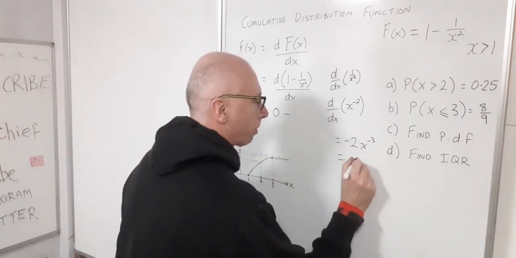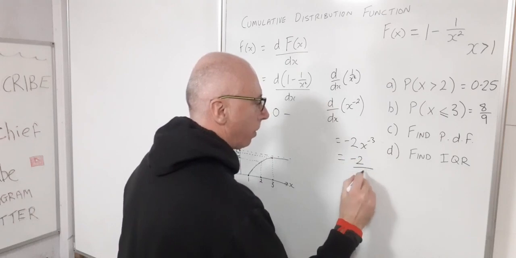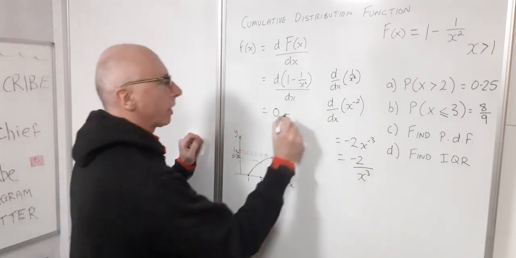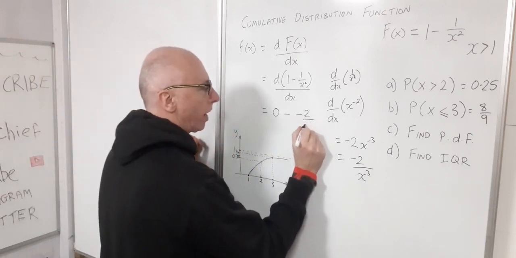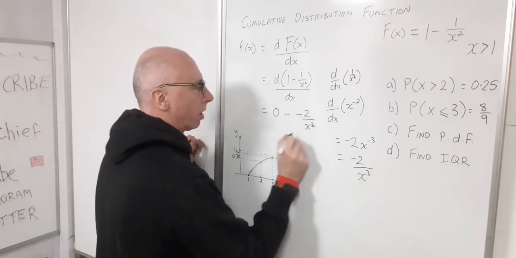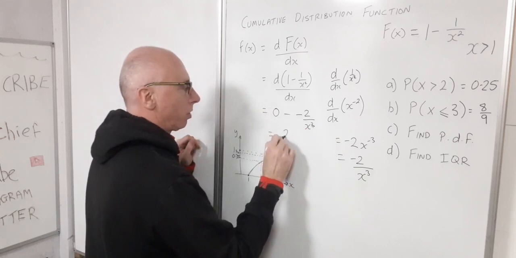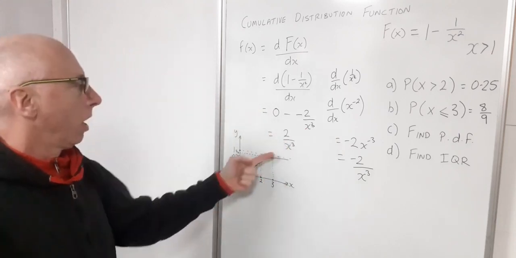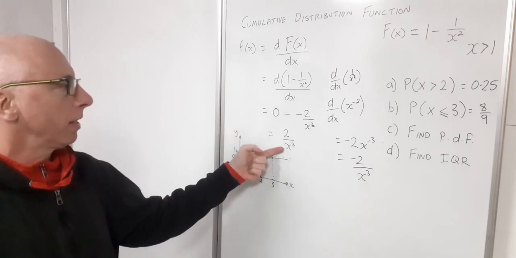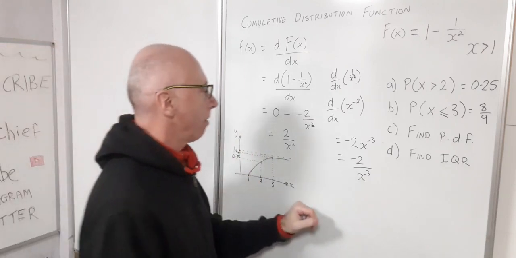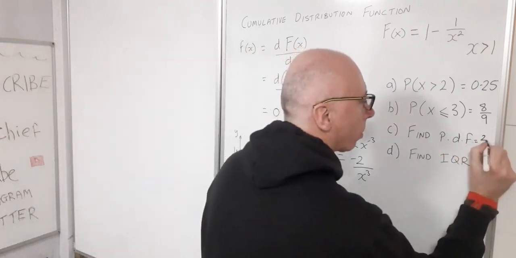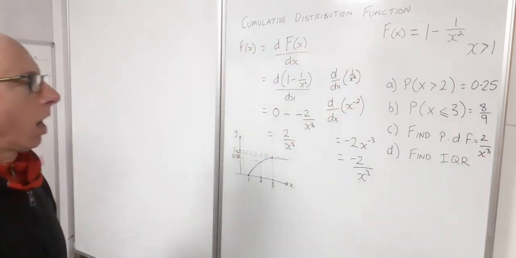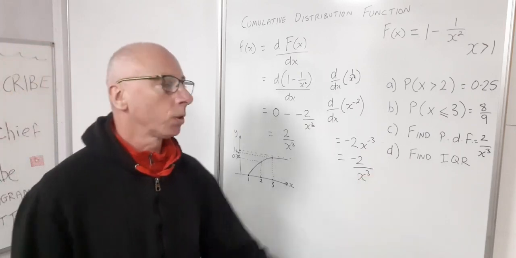So that equals minus 2 over x cubed. Now we subtract that, so minus minus 2 over x cubed equals 2 over x cubed. So that will be our PDF. That's our probability density function. So that's 2 over x cubed. Okay, so now we're going to find the interquartile range.